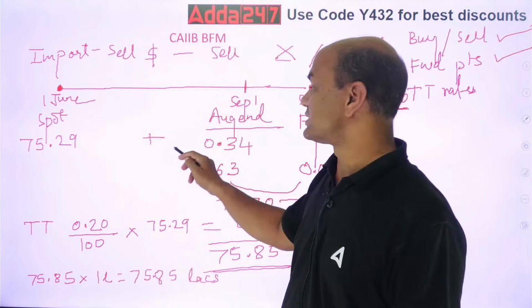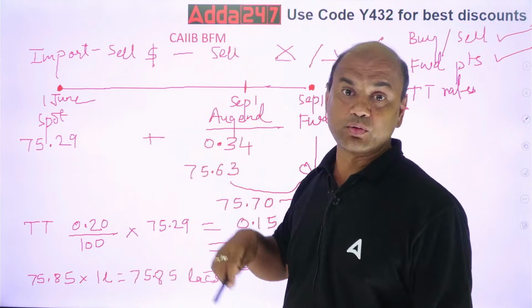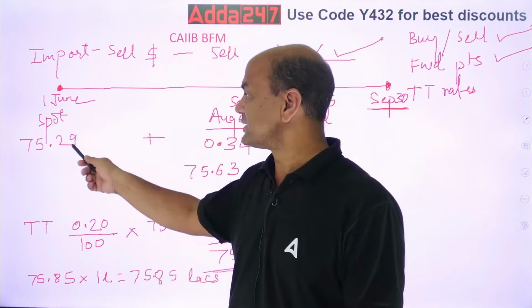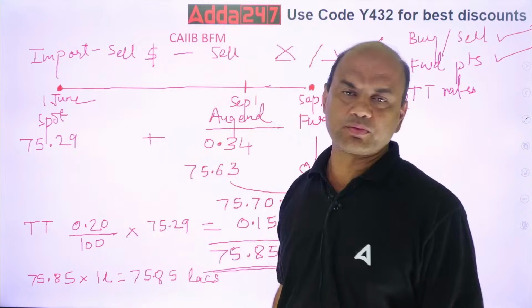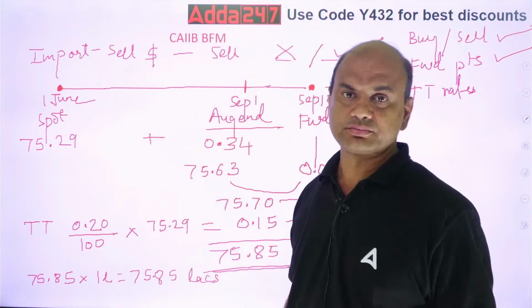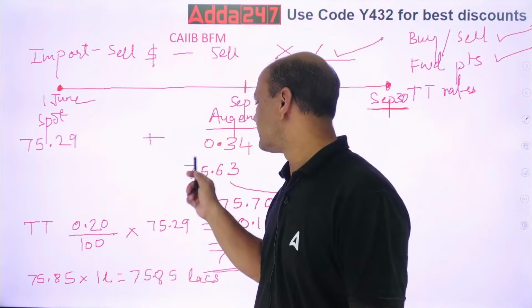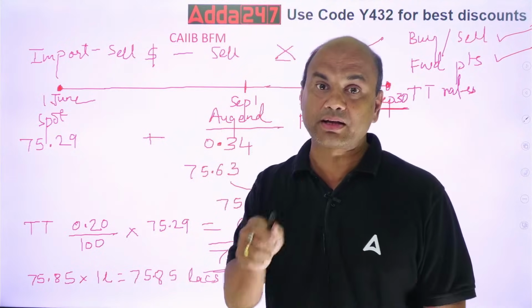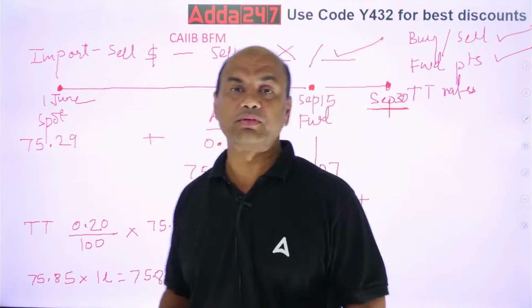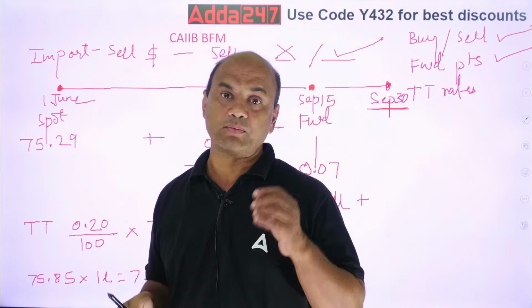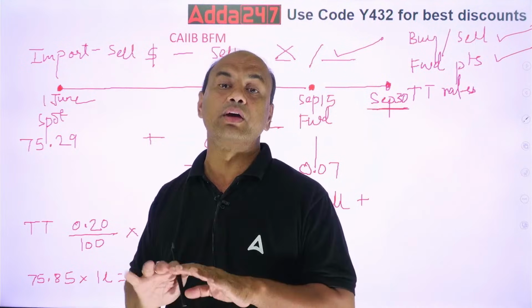Why plus? Because just now I told you the currency is in premium. Add these two, everyone. You must get this answer as 75.63. Do it practically also. Everyone do it yourself. In the exam, if you have practice on the calculator, it's very easy.